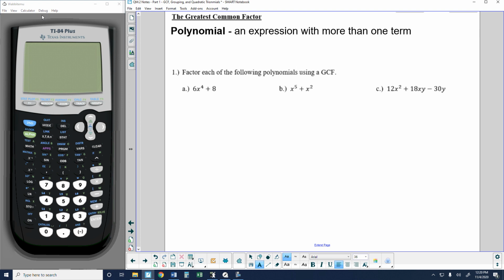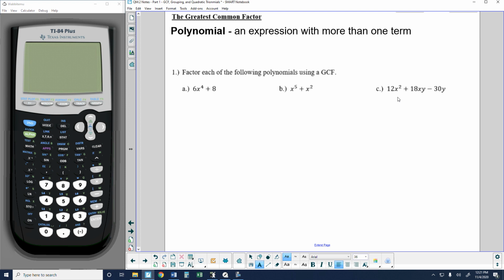As you talked about in Algebra 1, you probably talked about binomials that we see here in 1a with two terms as the expression. Trinomials, which we see here in 1c with three terms in the expression, and maybe even polynomials with more than three terms. All of these are classified in general as polynomials, expressions with more than one term.